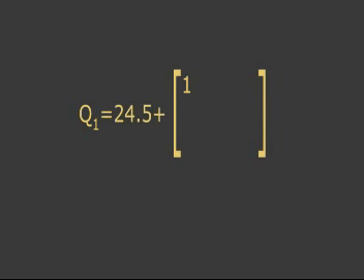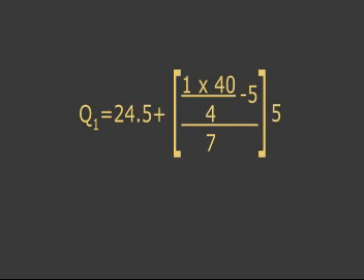Where the lower class boundary of the first quartile class is 24.5 plus the number of the quartile times the total cumulative frequency, 40, divided by 4, minus the cumulative frequency of the previous class, 5, divided by the frequency in this class, times the size of the class interval.